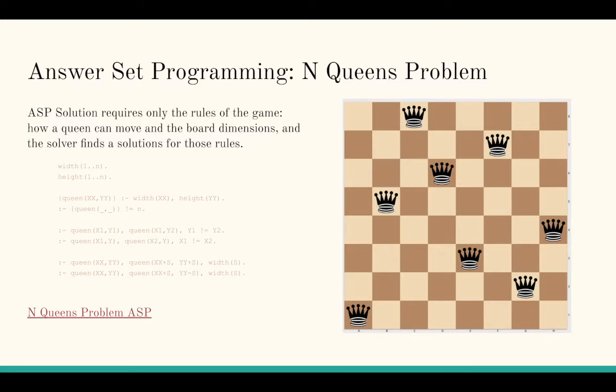The next two lines deal with the horizontal motion. So in this case, what we have is a queen with an x and a queen with another x, so they have the same x value, and then the y does not equal themselves.